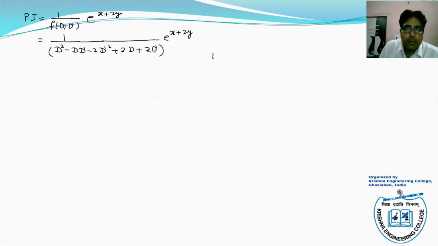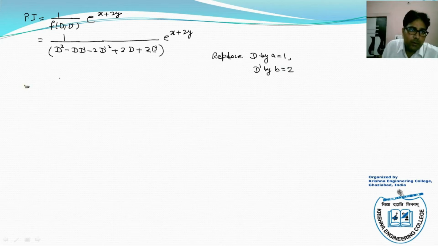So replace D by a, where a means the coefficient of x, and replace D dash by b, where b means the coefficient of y. This is 2 in this equation.